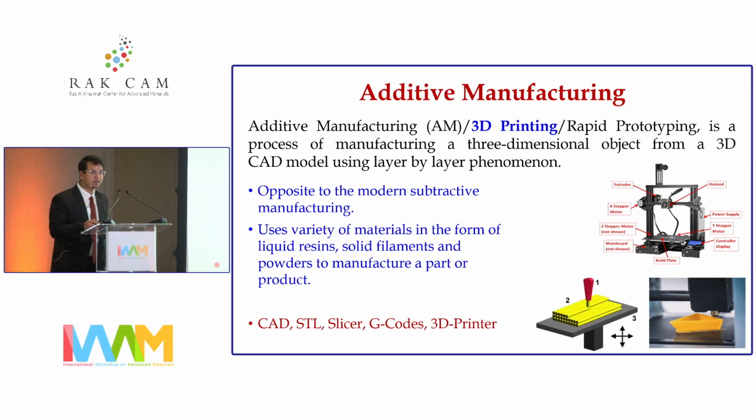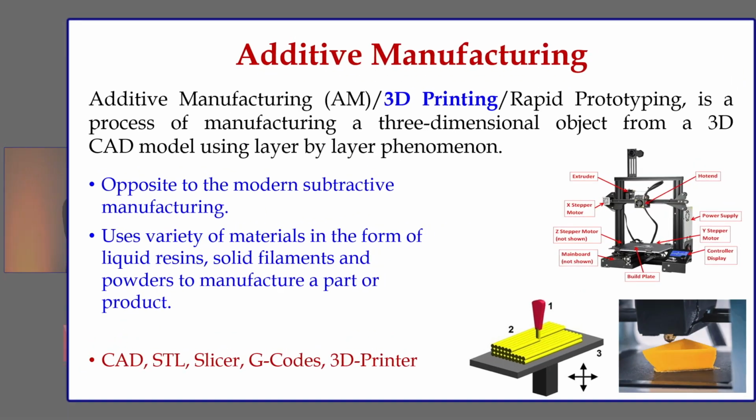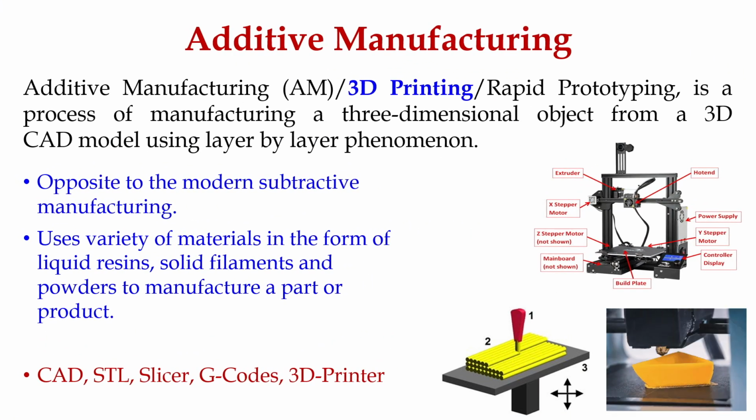So, I work in 3D printing, and additive manufacturing is a big term, but as it contains 4D printing as well, the buzzword is 3D printing. 3D printing is a process of making three-dimensional objects from a 3D CAD model using layer-by-layer phenomena.